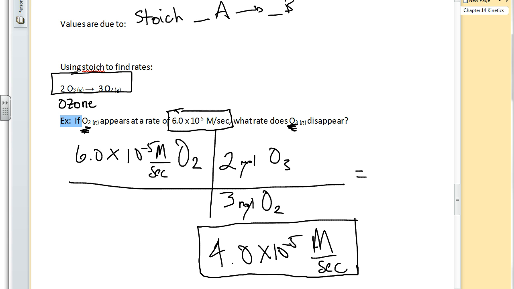And you can see that these two rates are not equal, and the reason they're not equal, of course, is the stoichiometry of a 2 to 3 ratio. Okay, and so that wraps up 14.1 and 14.2. I highly recommend that you read about those and do some of the sample problems in the gray boxes in the textbook.